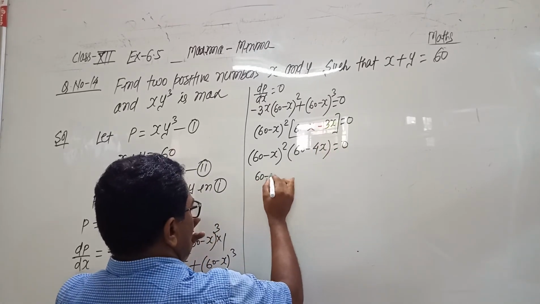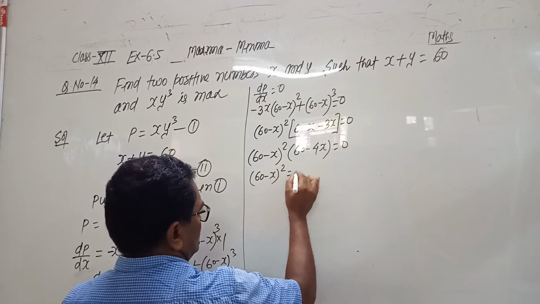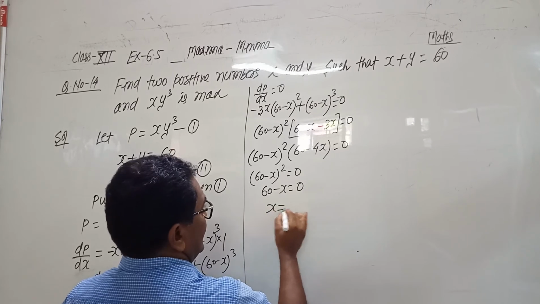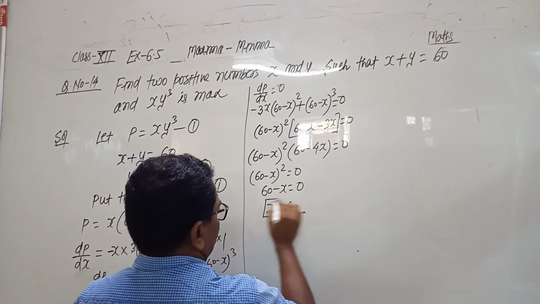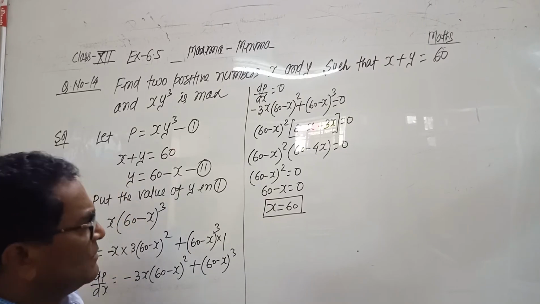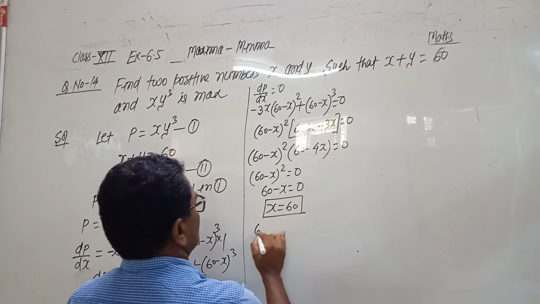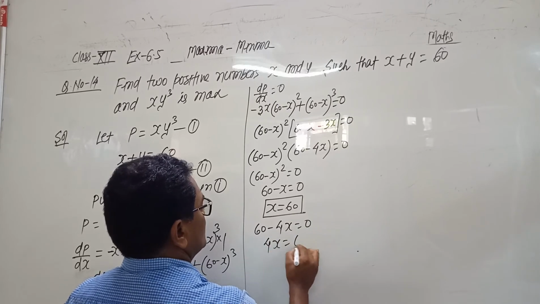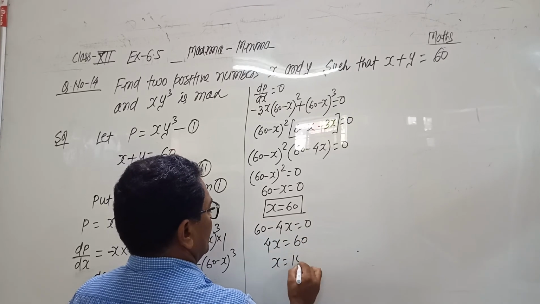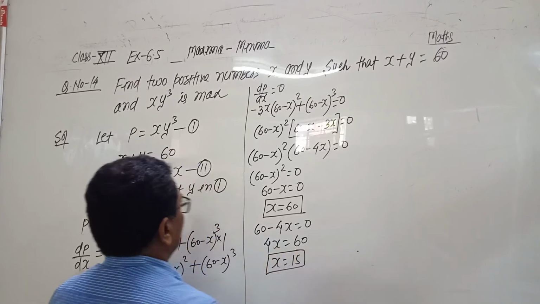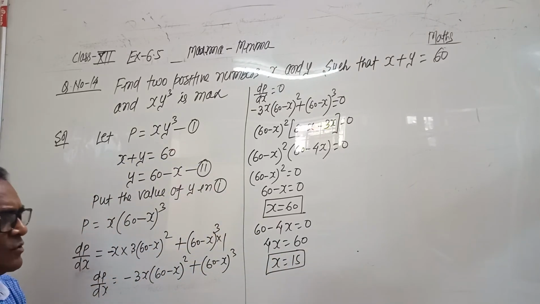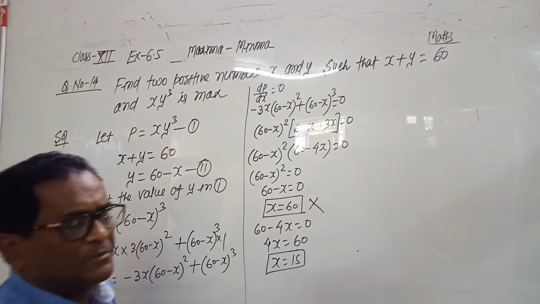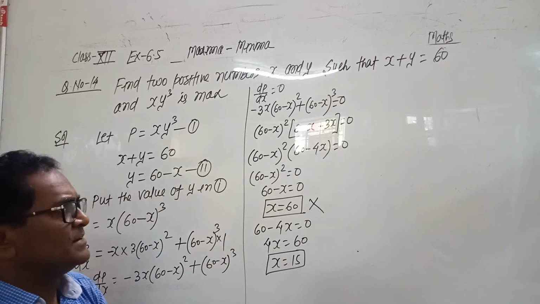When 60 minus x the whole square equals 0, it means 60 minus x equals 0 and x equals 60. When 60 minus 4x equals 0, then 4x equals 60 and x equals 15. x equals 60 is not possible because the sum of the two numbers is 60.